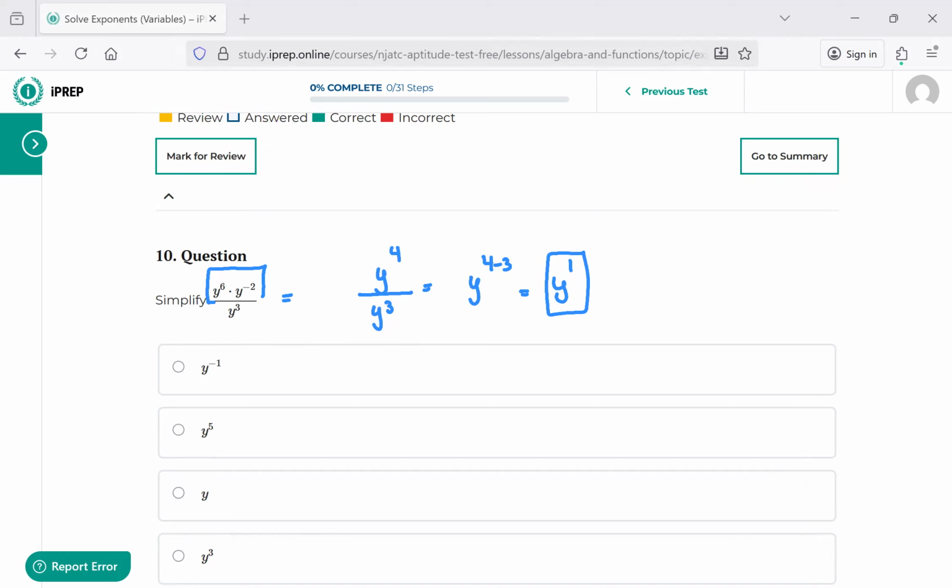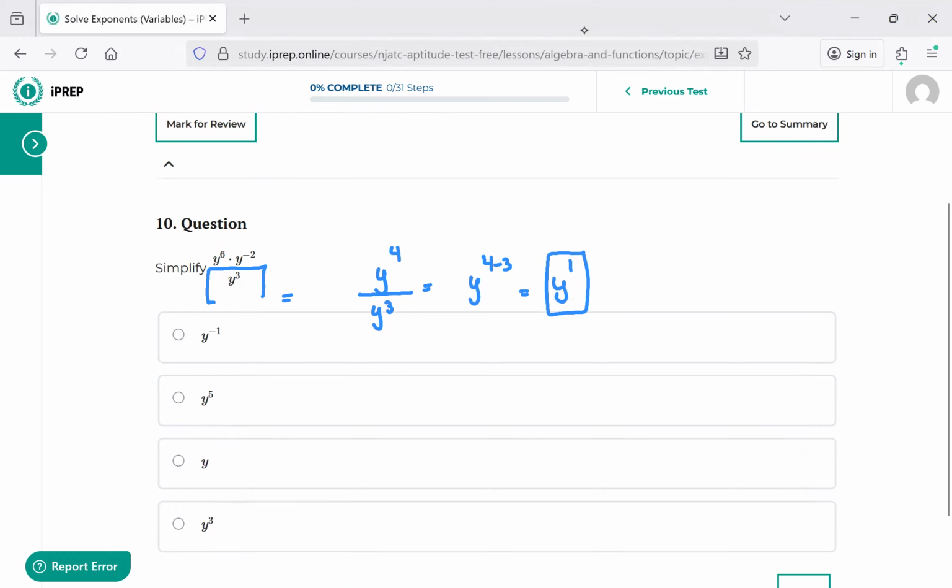Which one is y to the 1? It's the third one, right? Y to the negative 1, that's not it. Y to the 5th, no. You don't see an exponent 1 because you don't need it. If it's just by itself, y is the same thing as y to the 1. So that one.